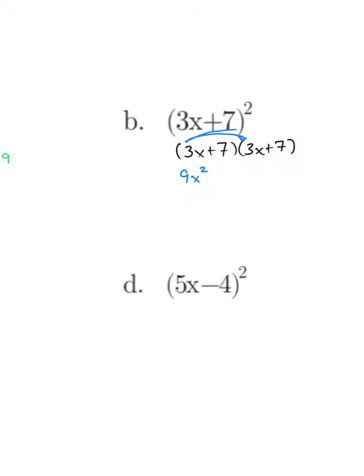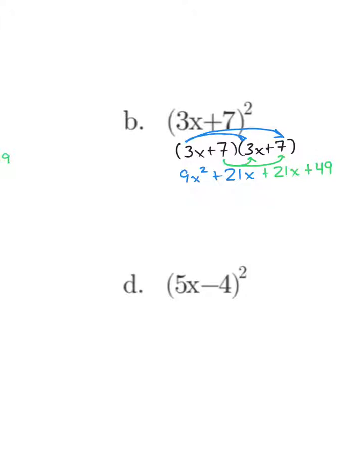My outsides, 3x times 7 is 21x. My insides, 7 times 3x gives me 21x. And my lasts, 7 times 7 gives me 49.